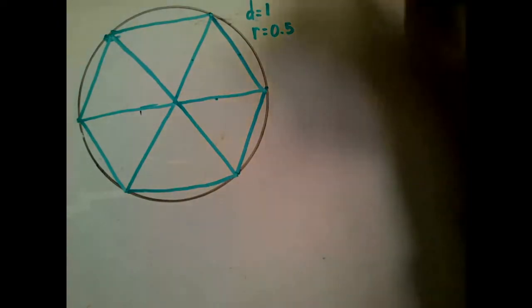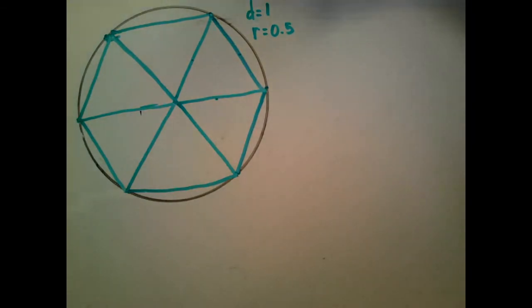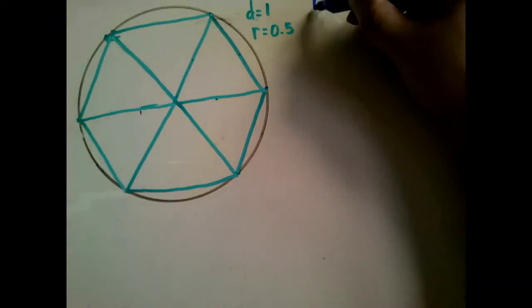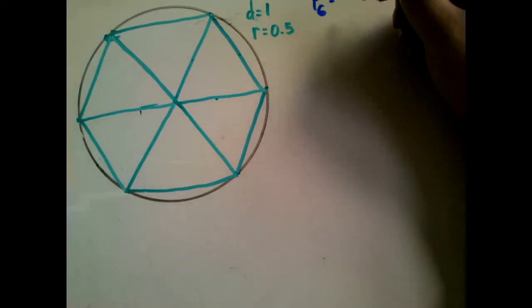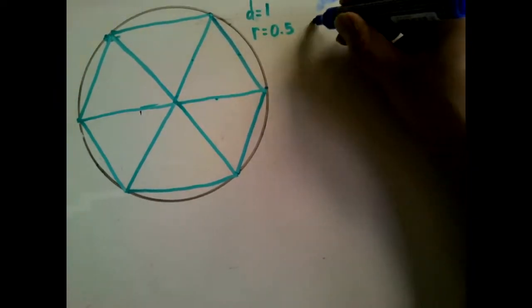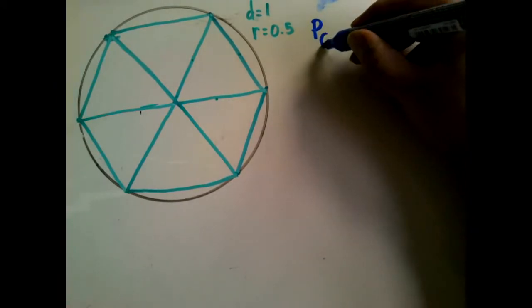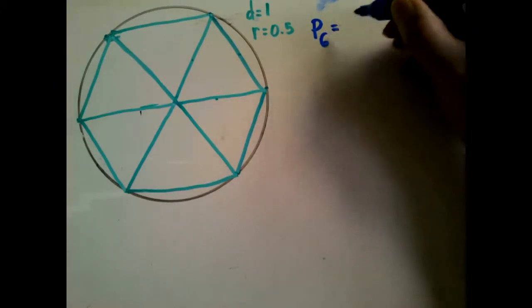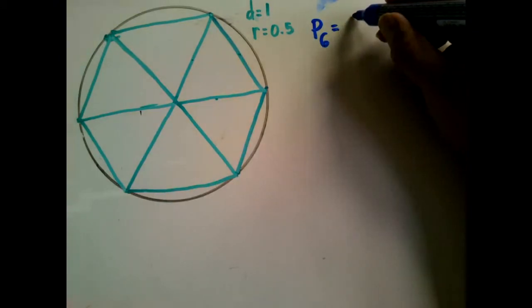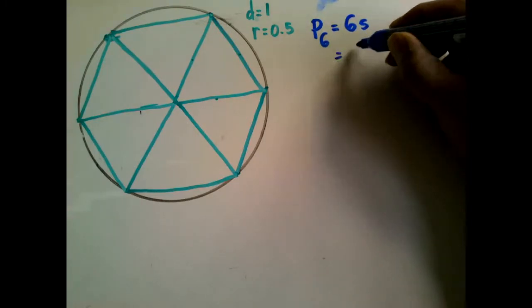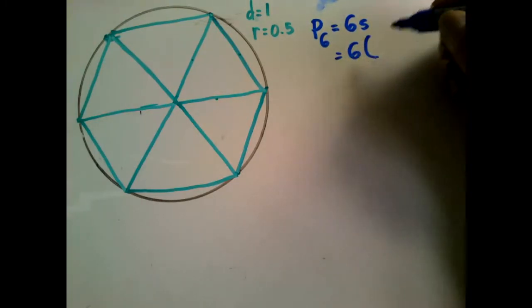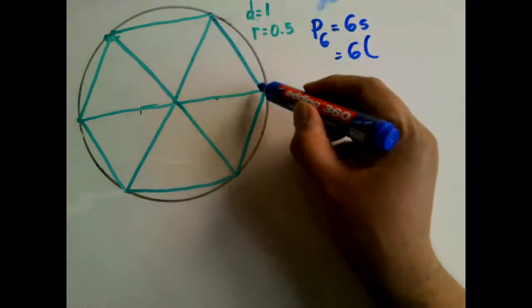So here, I can tell you now what the perimeter of this hexagon is. The perimeter of the six-sided figure, the hexagon, it's not visible. Let's write it a little bit below. The perimeter of the six-sided figure is, you add all the sides, or 6 times that side. And you can see now that this side, by logic, should also be 0.5.